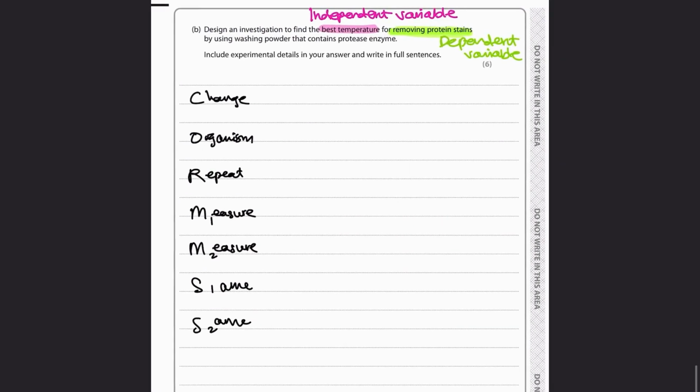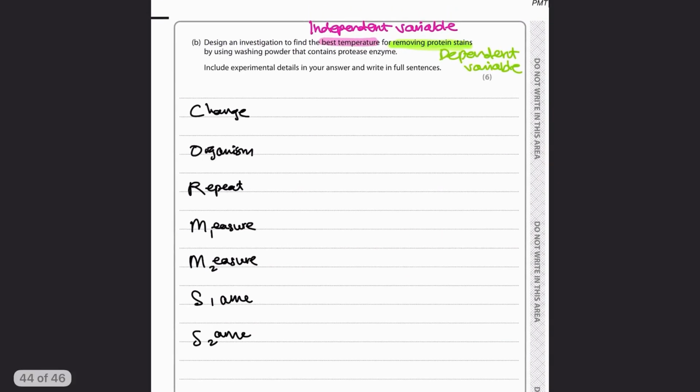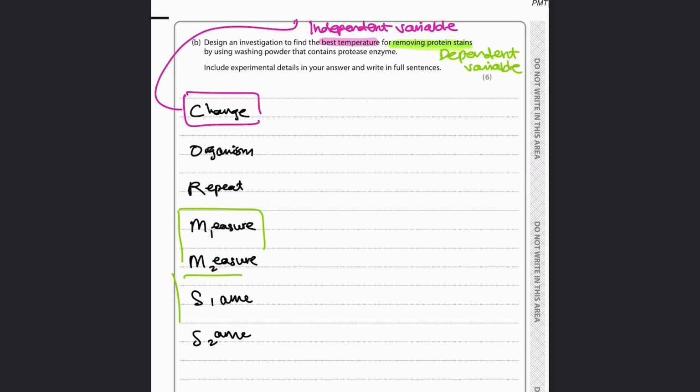Now I'm going to do a bit more color coding to help you. The one that you're actually changing is the independent variable, your IV. And the thing you're measuring is your dependent variable. So this should link a lot of things up in your mind already.